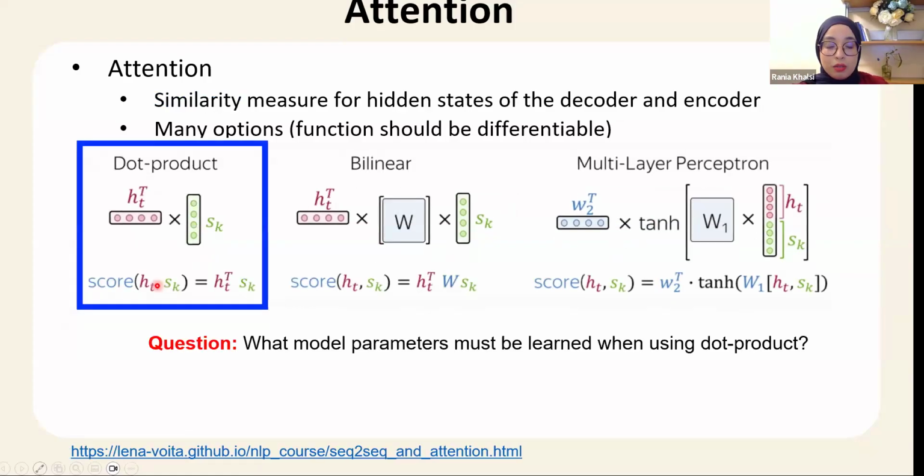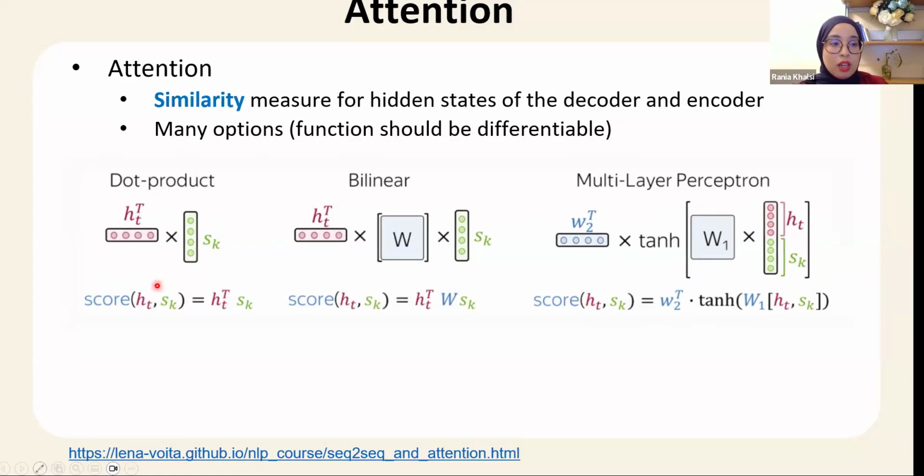The first method is the dot product. The dot product measures the similarity by multiplying the elements of these two vectors element-wise: the first one multiplied by the first one, the second by the second, the third by the third.